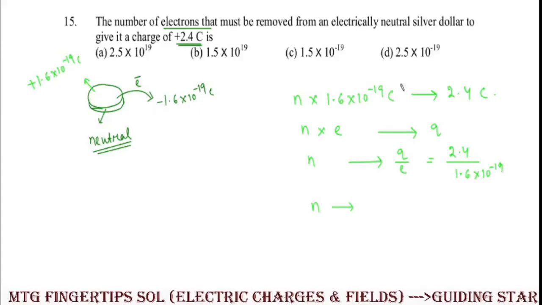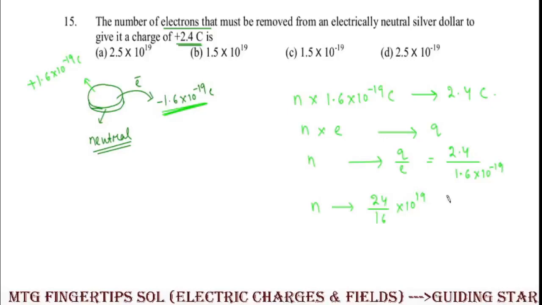In this particular case, generally the number of electrons we are removing should be taken as positive, so no problem, because we are already saying that we are removing the negative charge. Clear? As we are saying negative charge, there is no need to put the negative sign every time. So it will be 24 upon 16 into 10 to the power 19.